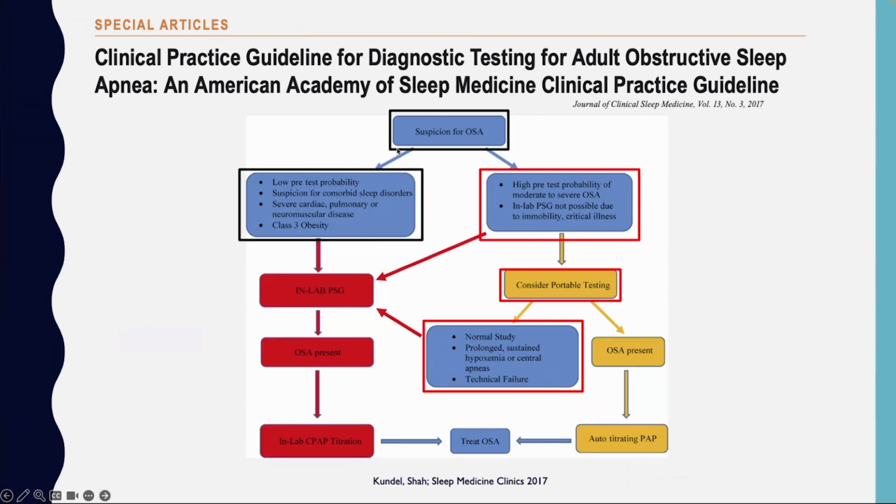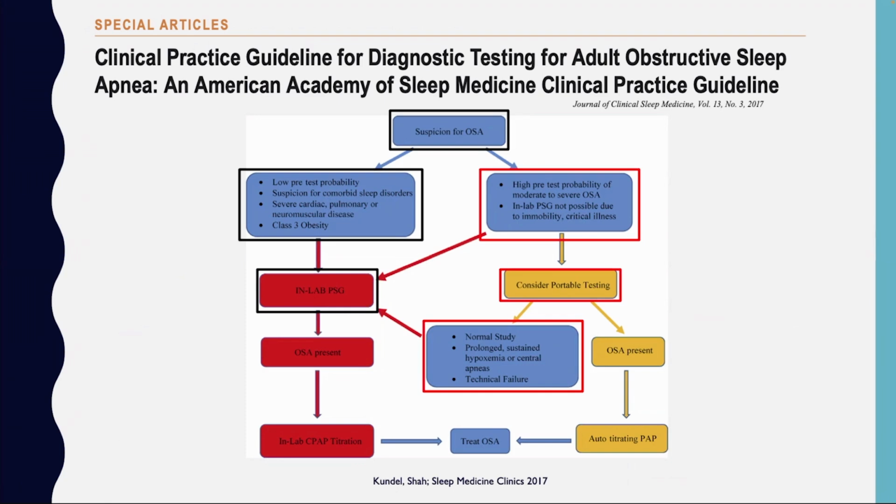In patients, however, where you have a low pretest probability, where you have a suspicion for comorbid sleep disorders, for example, movement disorders, REM sleep behavior disorder, narcolepsy, or patients that have severe cardiopulmonary disease, heart failure, severe COPD, neuromuscular disease, you really want to perform an in-lab study in those patients.